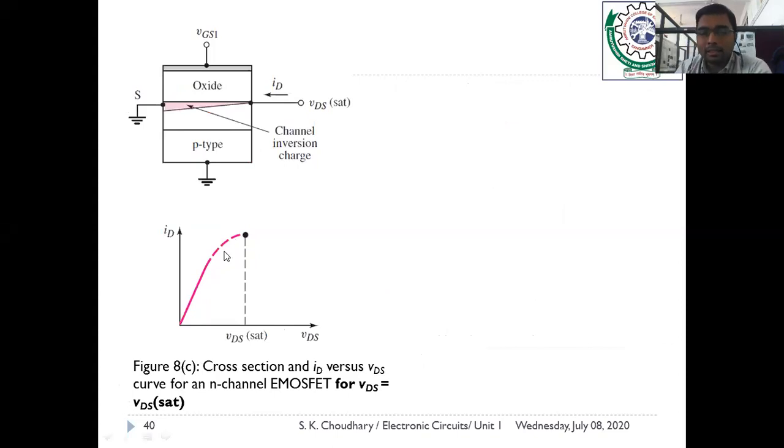In the previous case, your VDS is less than the saturation voltage VDS sat. Now we increase the VDS up to the level where VDS is equal to VDS sat. Then what happens?